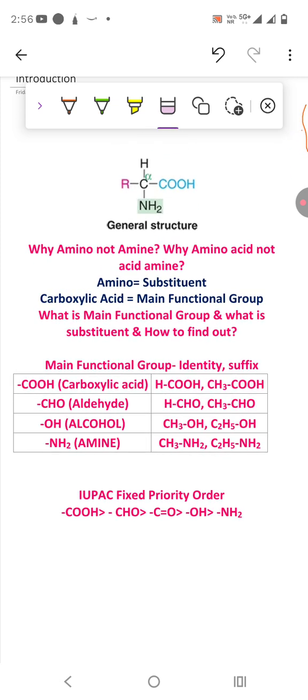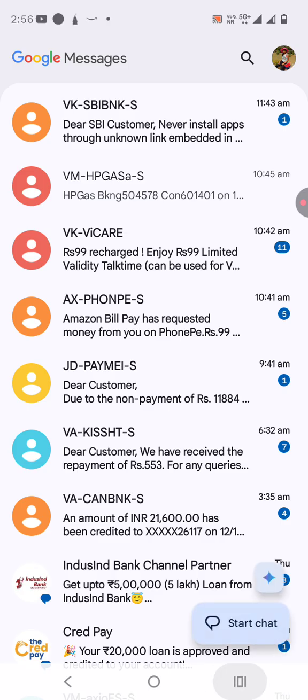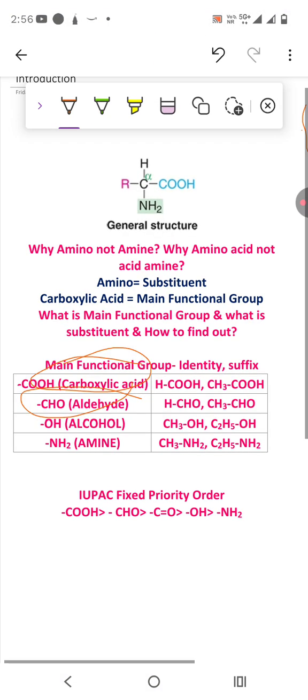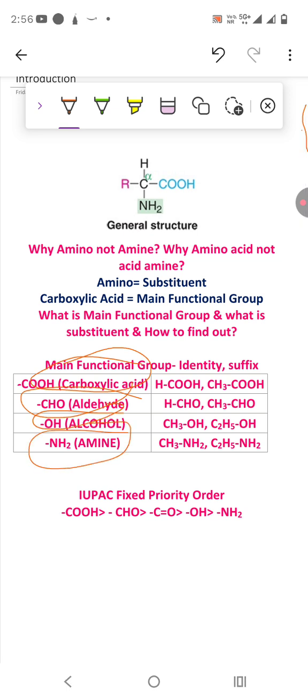For example, if there is a COOH present, we call it carboxylic acid, then aldehyde, then alcohol, OH, then NH2, we call it amine.